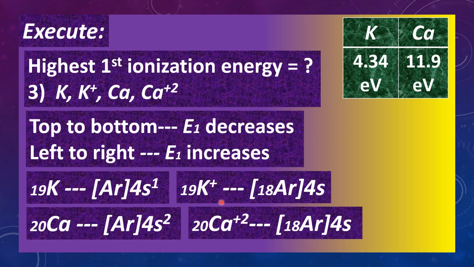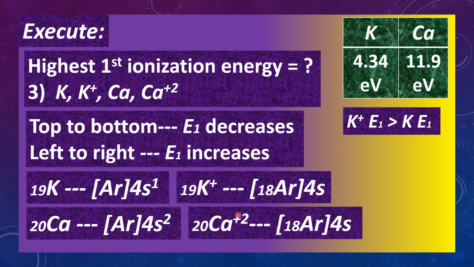But between a neutral potassium atom and a positively charged potassium ion, we say that the first ionization energy of the potassium ion must be greater than that of the neutral potassium atom.